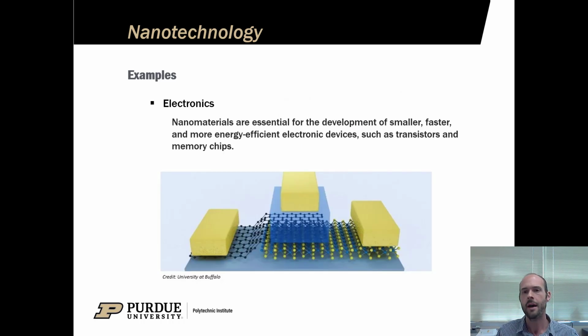Electronics are similar. In every cell phone in existence, produced in the last decades, there are elements of nanoscale design involved.